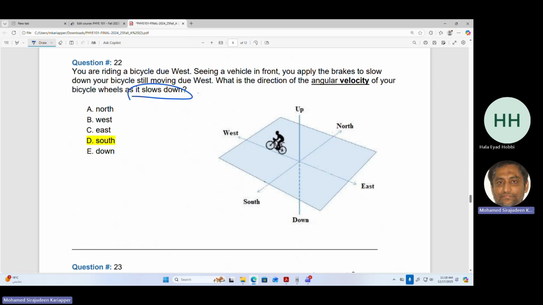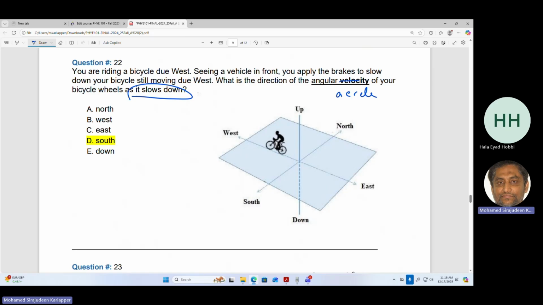I can give the same exact question, but make the person go north or do crazy things. This should be easy by now. But suppose the question is changed to angular acceleration, then you have to pay attention to whether it is slowing down, speeding up, or constant.